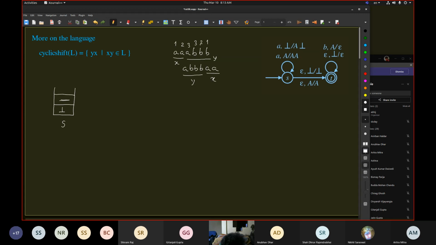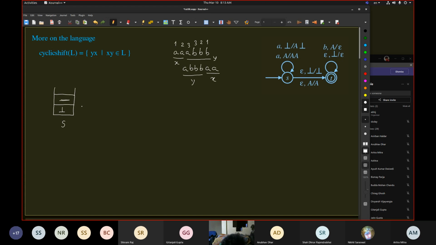Actually, these numbers are not present. Only capital A is present. So this A matches with this B, this A matches with this B, and this A matches with this B. Correspondingly, I will call these A1, A2, A3, but anyway, these 1, 2, 3 are absent. This is just for your understanding.